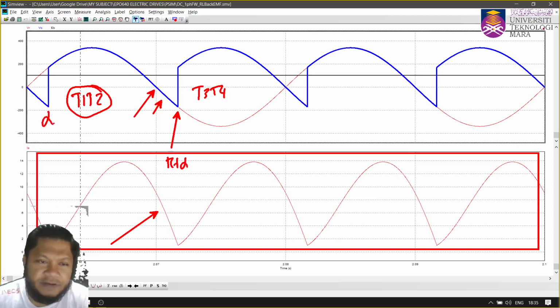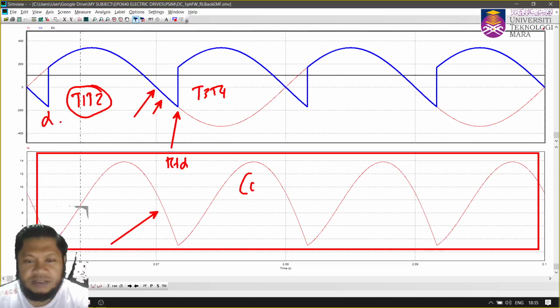So here you have alpha, and that's why you have a different output voltage in the case of continuous current mode operation.